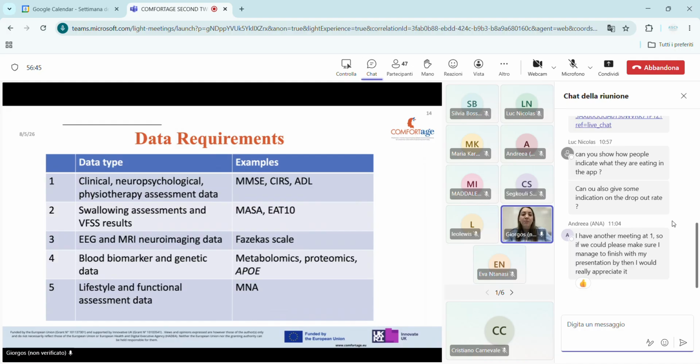For the swallowing assessments, there are different assessments in the clinic, such as the Mann Assessment of Swallowing Ability or the EAT-10. Then we have the EEG and MRI neuroimaging data, the blood biomarker and genetic data, and also the lifestyle and functional assessment data.